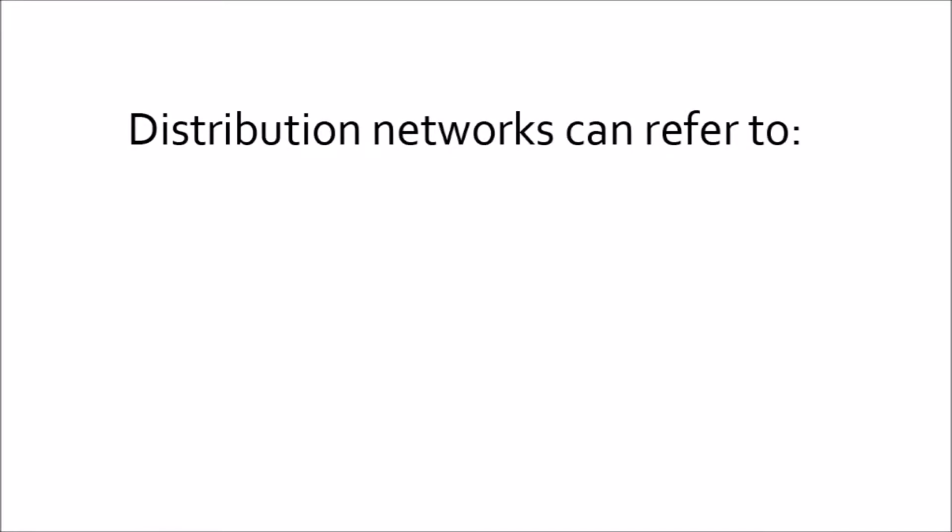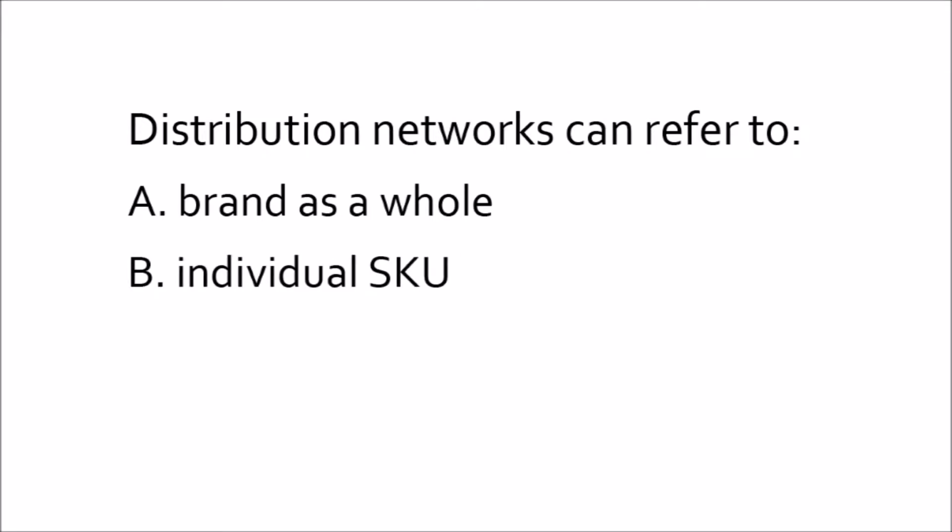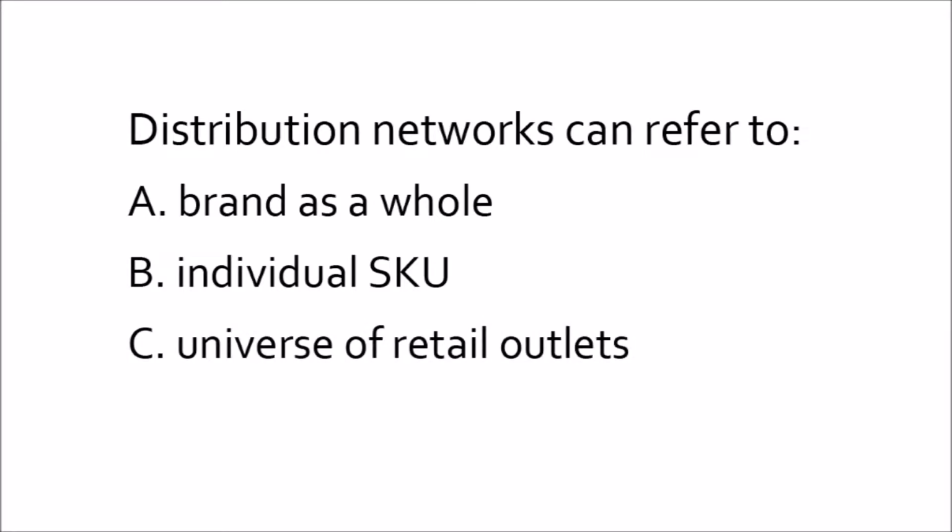So, when we look at the three basic distribution metrics, typically they refer to either a brand as a whole or an individual stock keeping unit that is specified. And they also refer to a universe of retail outlets. So if we say 50%, the 50% would be oriented toward that given universe.